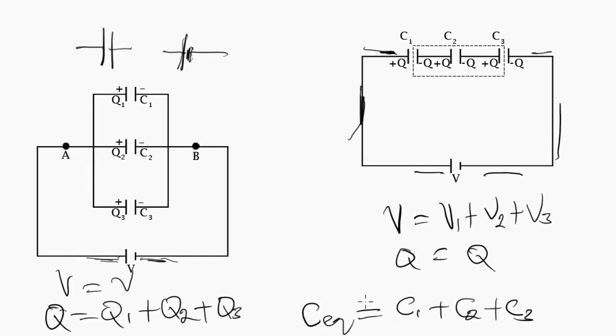But in series, we have 1 over CEQ is 1 over C1 plus 1 over C2 plus 1 over C3. I hope this makes sense. I'll go ahead and write this and then make it clearer.